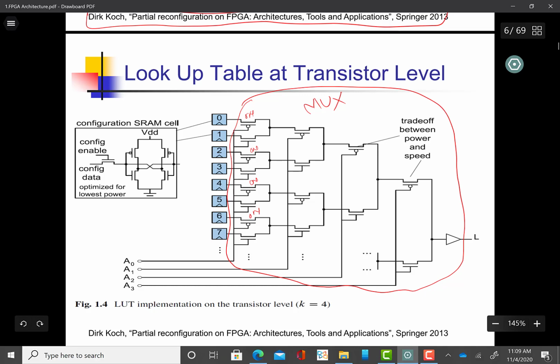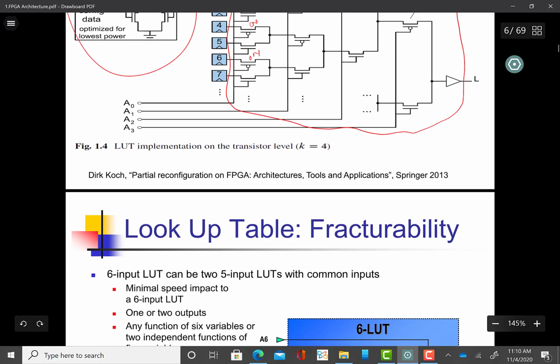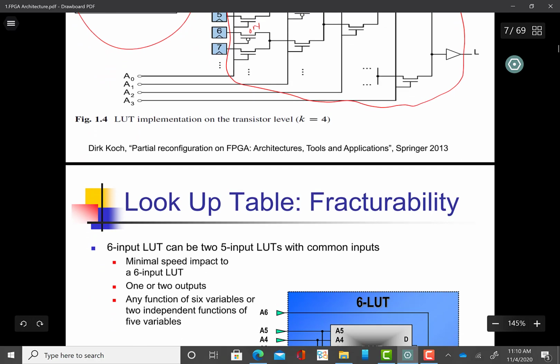So all the even numbers will be on and the odd numbers will be off. Same goes in the next level and the next level, and you can figure out how it works at the transistor level. Similarly, on the left hand side, this is again from your VLSI course. This is the transistor level circuit of an SRAM cell. I do not need to go into the details of these circuits.